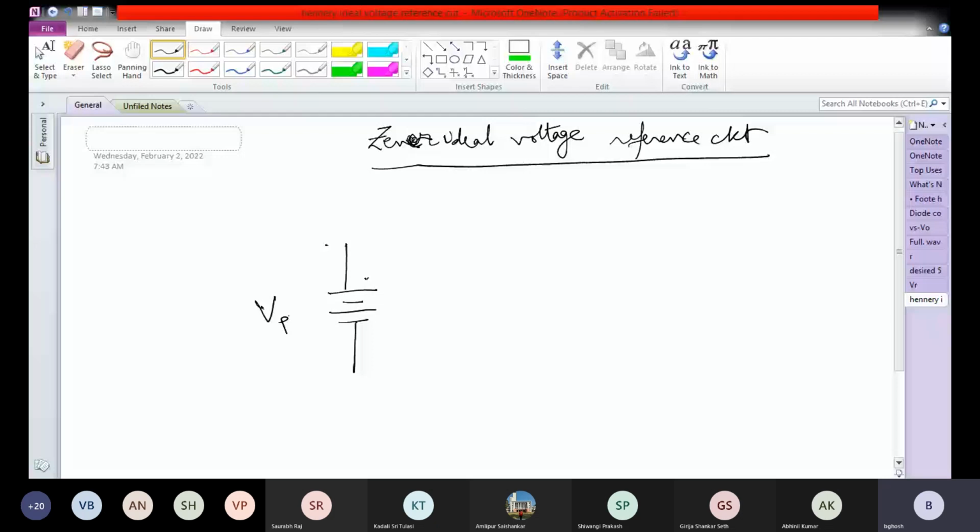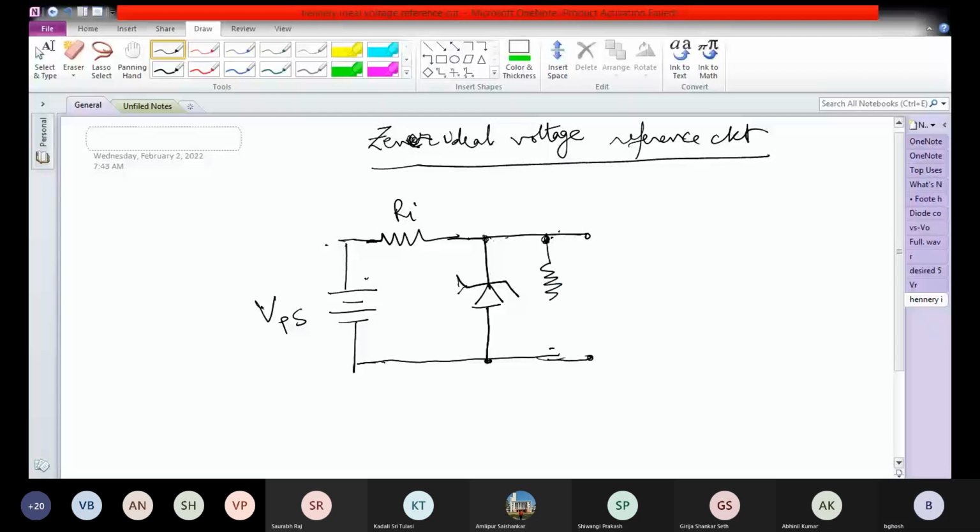So this is my supply voltage. And across this my load resistance is connected.